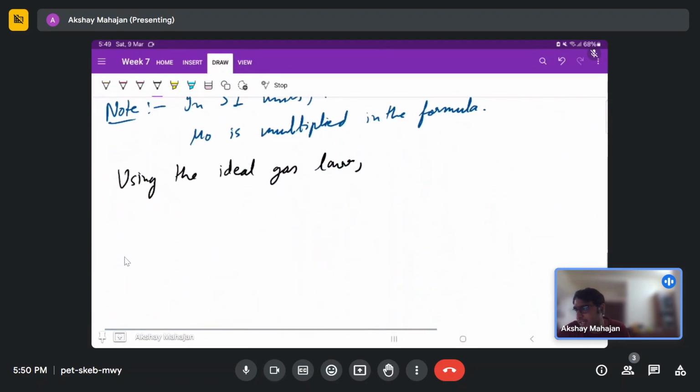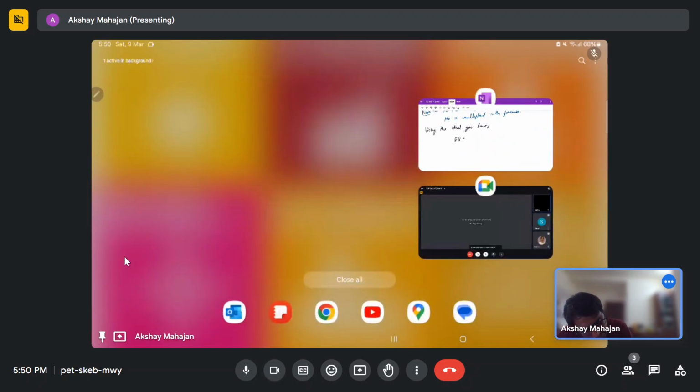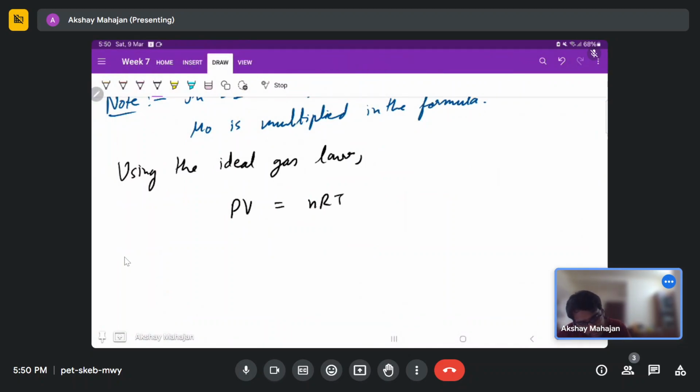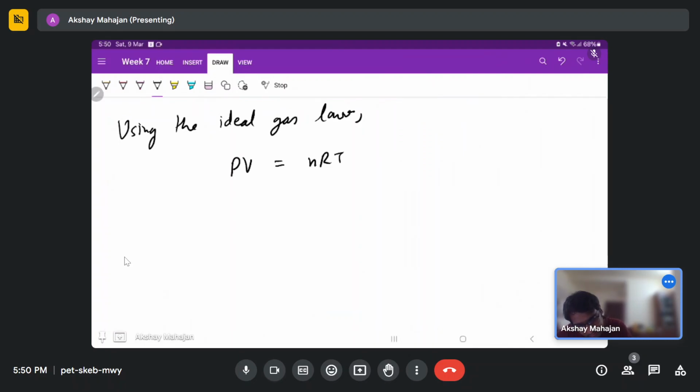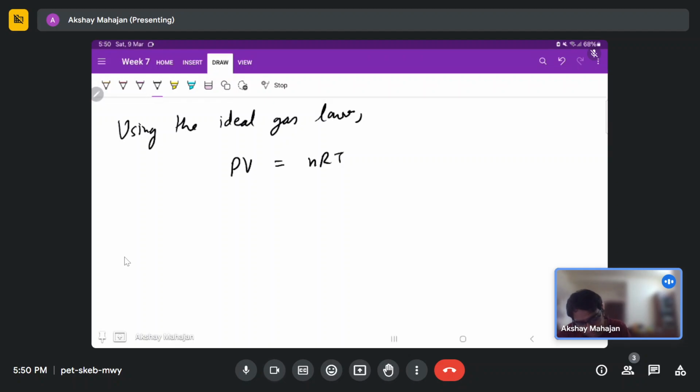So from the ideal gas law, we know that PV is equal to nRT, where n is the number of moles of atoms.